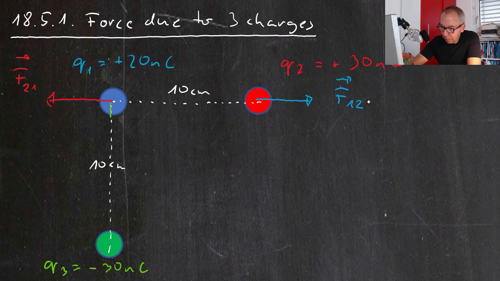So the blue one will be pulled down by this green charge, and we call that F3 on 1. And it is the same magnitude as the red one, so I make the arrow with the same length as here. And the green one will be pulled up by the blue, and this is then the same force, so I make it the same length for this force, F1 on 3.